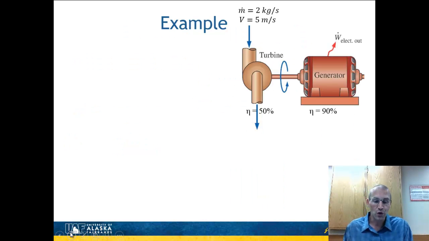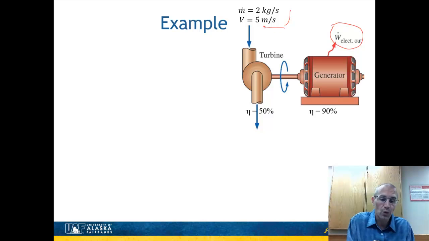Okay, let's do a numeric example where I have a turbine. This is a kinetic energy turbine. It's 50% efficient. It's connected to a generator that is 90% efficient. I want to find out how much electric work I get out given these inlet conditions of 2 kilograms per second at a velocity of 5 meters per second.